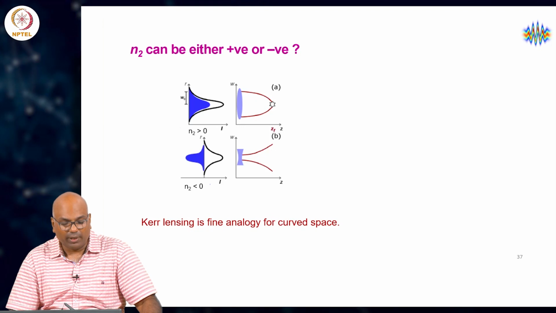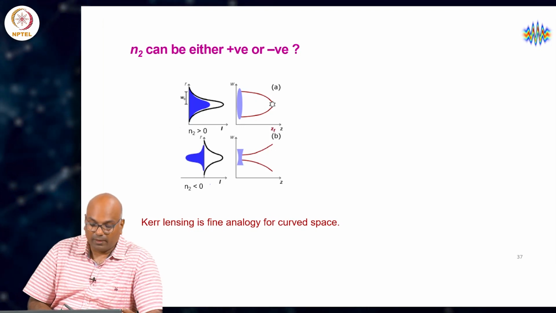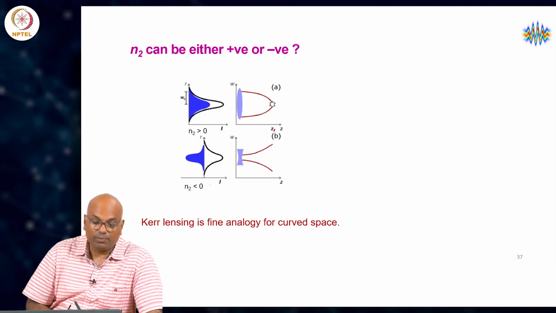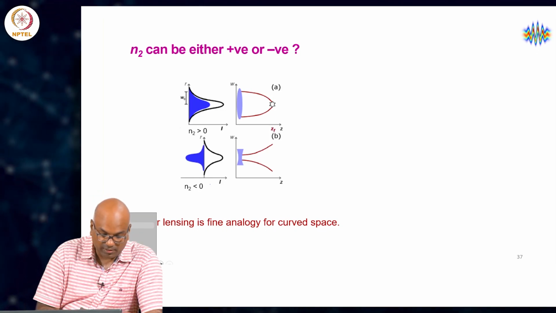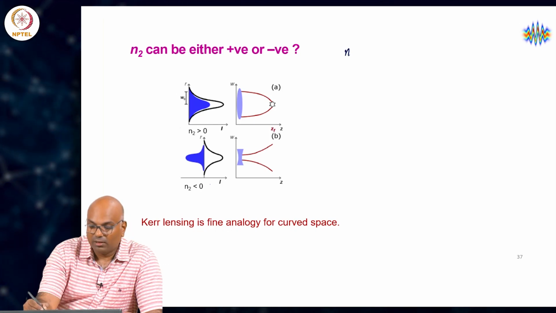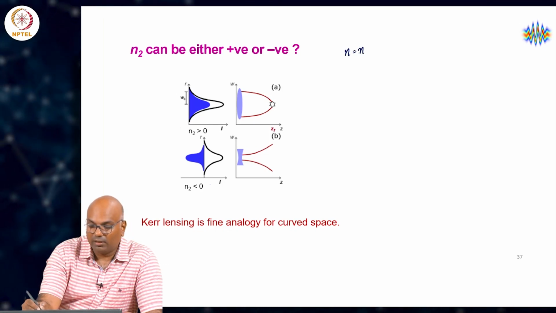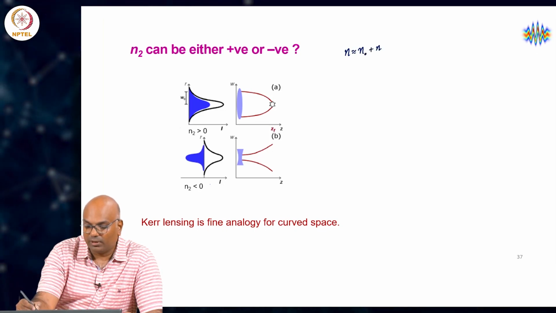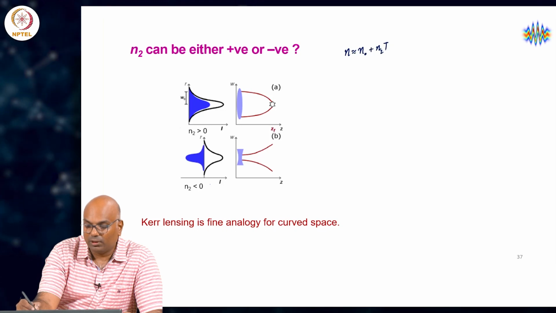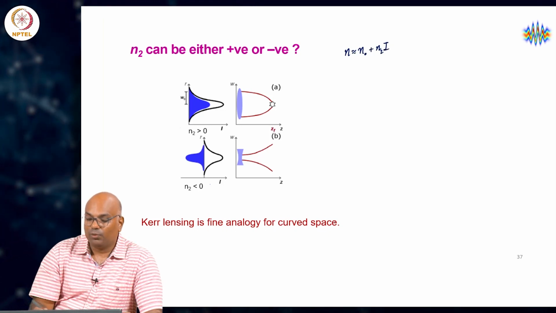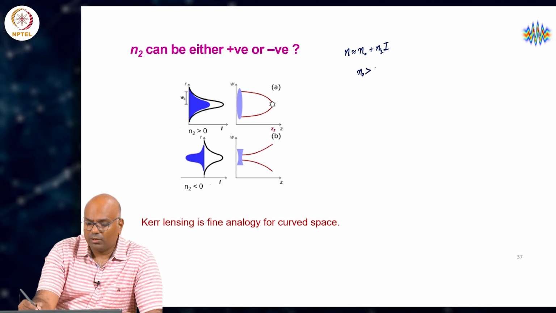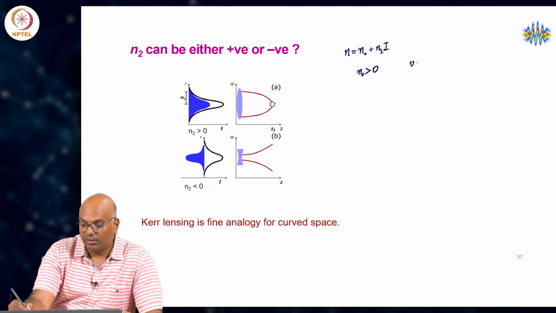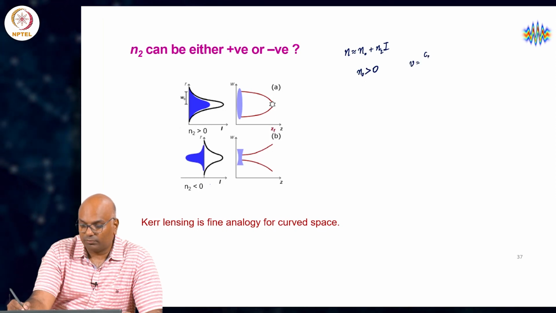make this little point that Kerr lensing leads to basically two types of self-focusing effects. Since n is, I should say, not exactly but nearly equal to n naught plus n2 I, n naught is always greater than 0. It is the refractive index, defined by the speed of light in vacuum.